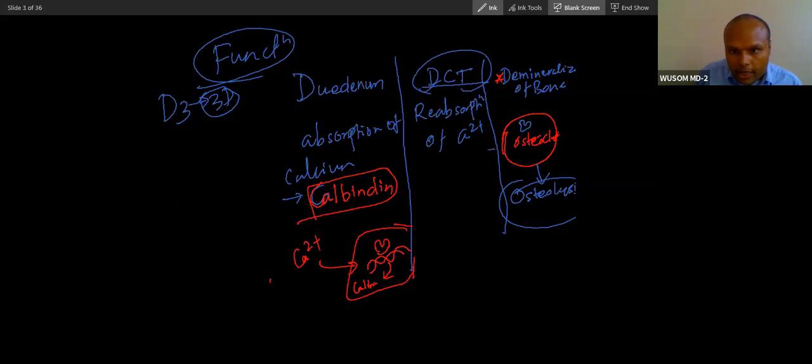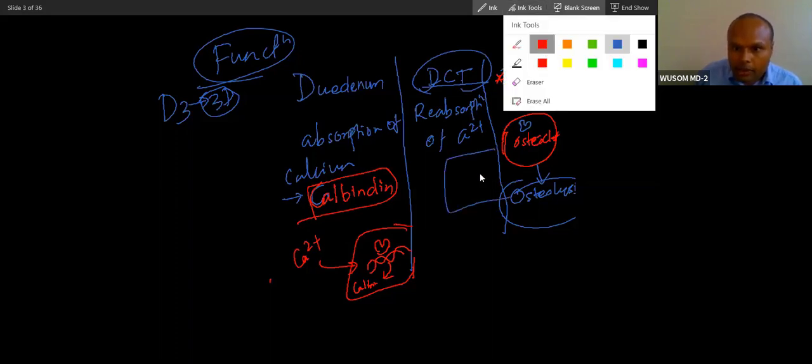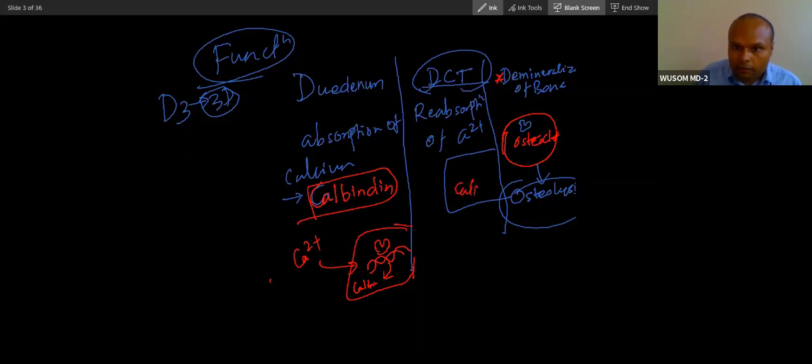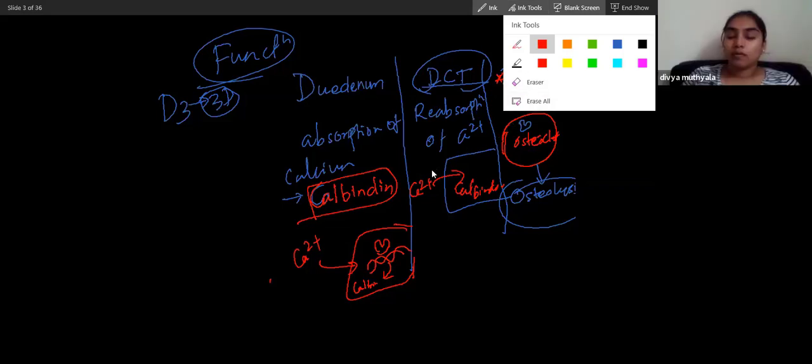What does vitamin D do here also? Again calcium binding protein and calcium reabsorption. Did you understand this whole concept of function of vitamin D? Yes, sir. Everything about vitamin D is important. That is why I'm talking about everything.